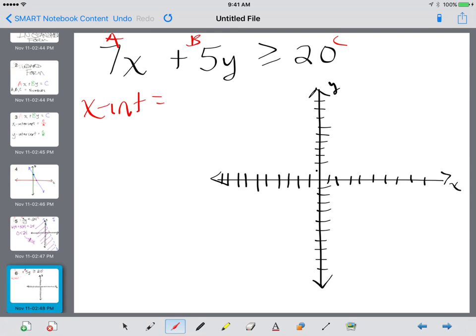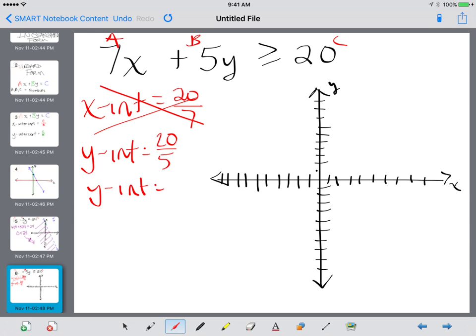So our x-intercept is going to be 20 divided by 7. Oh no, that gives me a decimal. No need to panic. We're just not going to find that x-intercept perfectly. But we can still find the y-intercept of 20 divided by 5. The y-intercept is going to be 4.